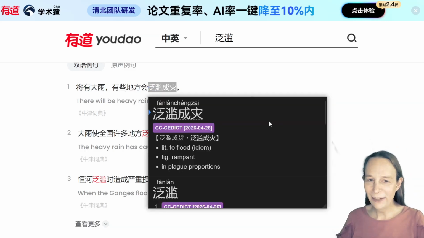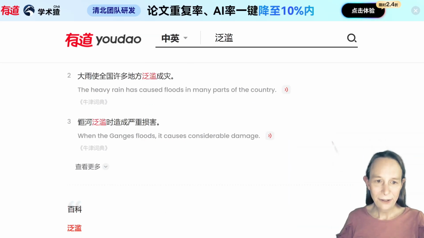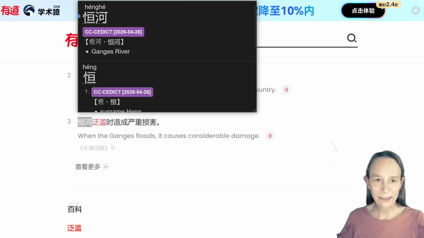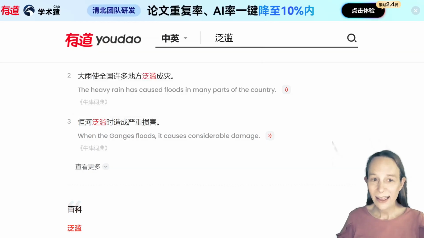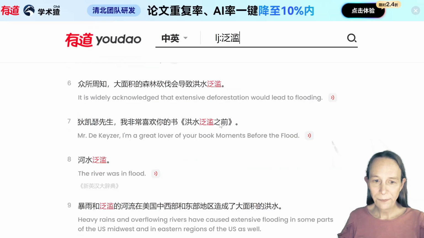It's inundated with water to the point where it becomes a disaster. 泛滥成灾. All right, 大雨. Okay, 恒河. Oh, this is a permanent river? Oh no, 恒河, Ganges. I didn't know that. When the Ganges overflows, 泛滥时造成严重损害.